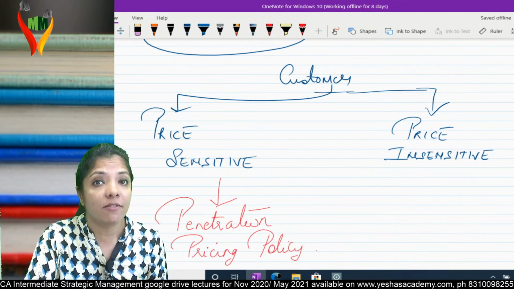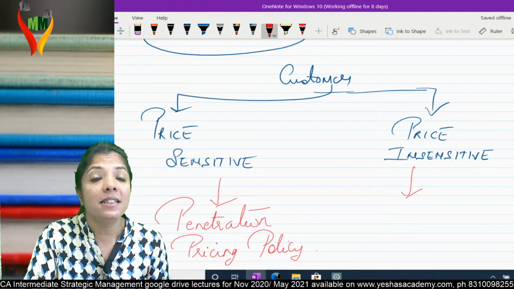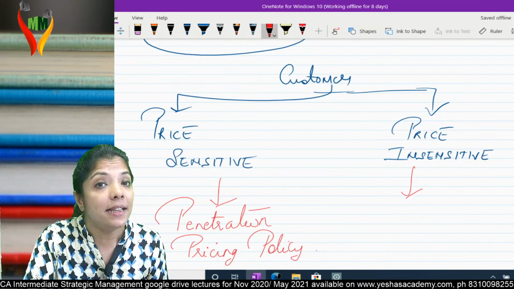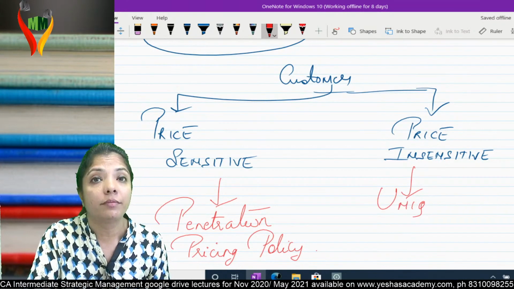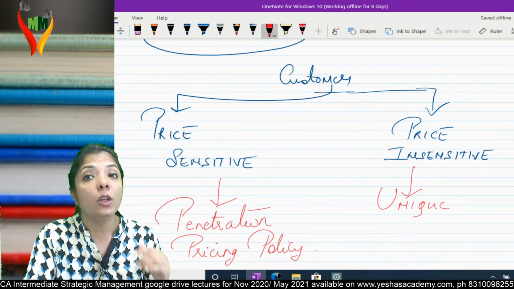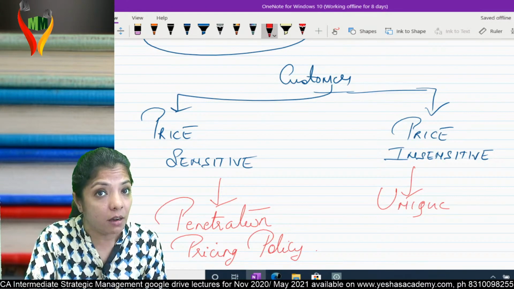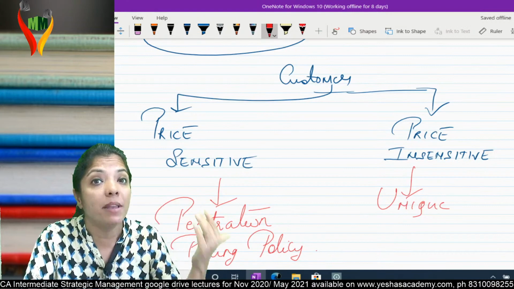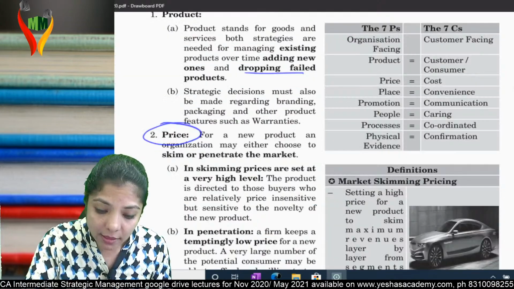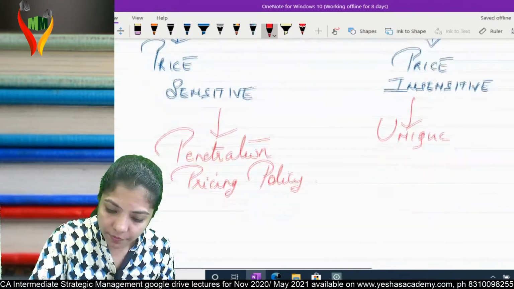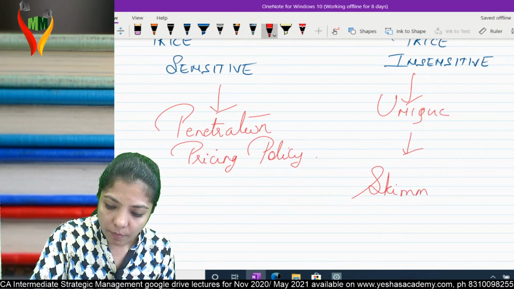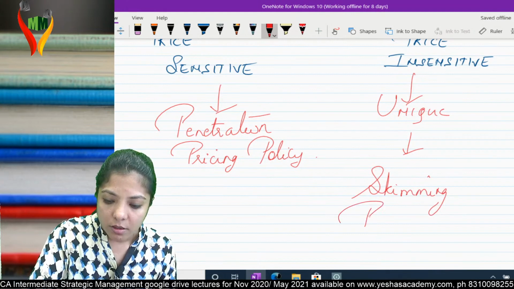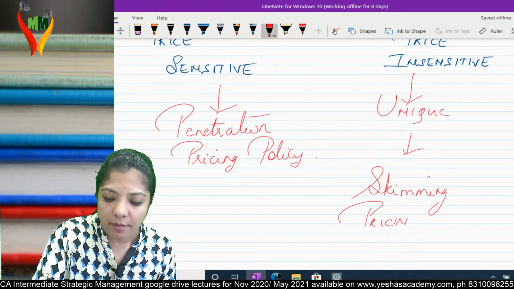Now, what is second? Price insensitive customers are insensitive towards price but sensitive towards uniqueness. They want something unique, something different. So I will keep a premium pricing policy, and this is called skimming pricing policy.